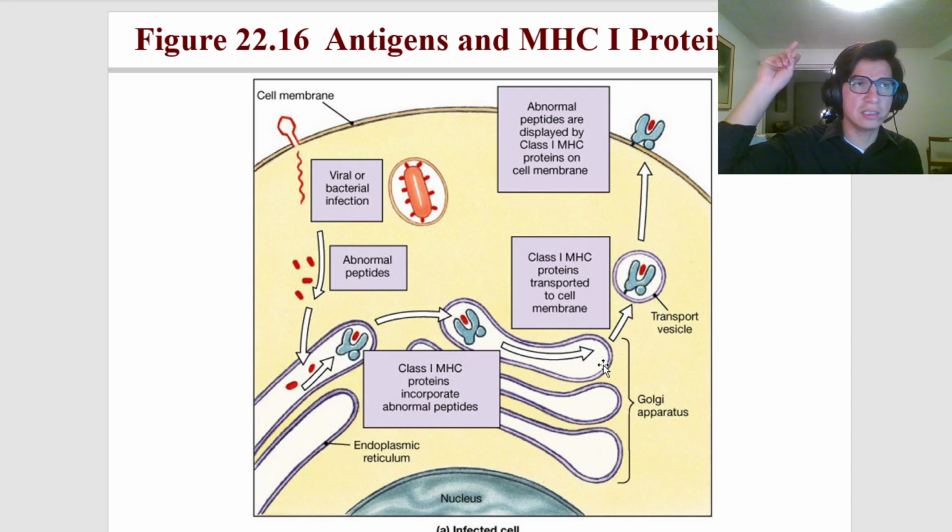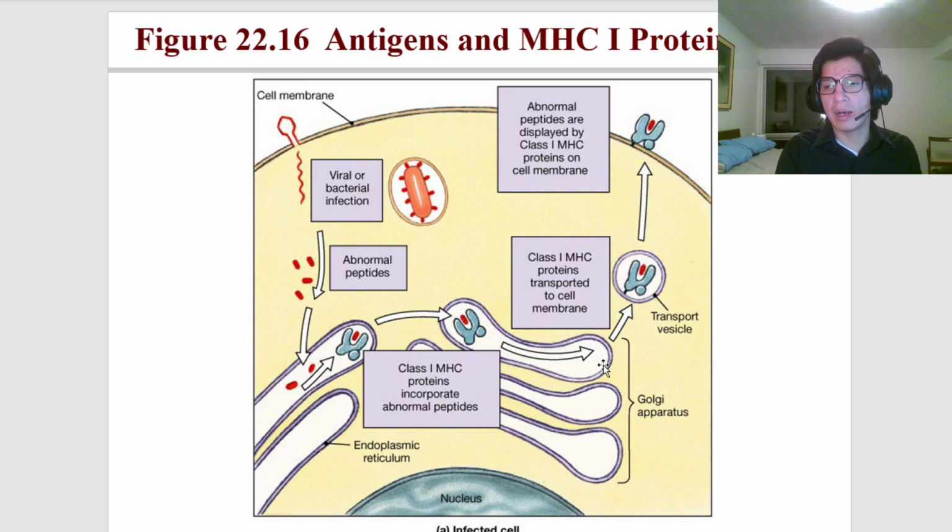Like, this is COVID-19, it's inside of me, and it's presenting it through these major histocompatibility 1 proteins. And what it's saying through this glycoprotein is, "Please kill me. COVID-19 got to me."